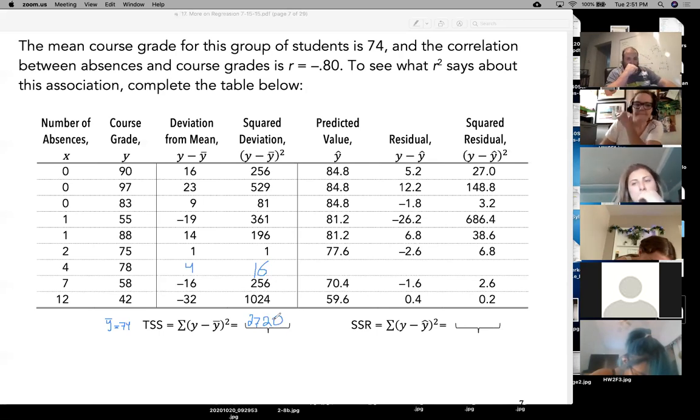Now, this is a little tougher. What is the predicted value y hat? The predicted value comes from the best fit line. What is the best fit line? They were so nice and they gave it to us.